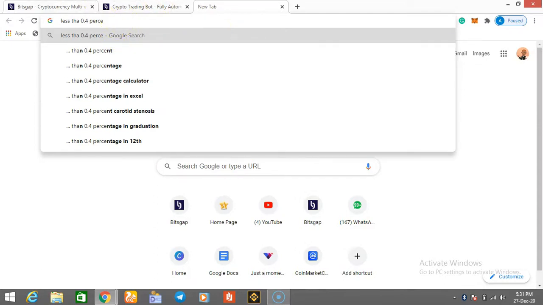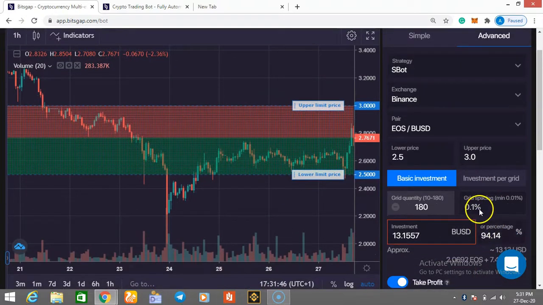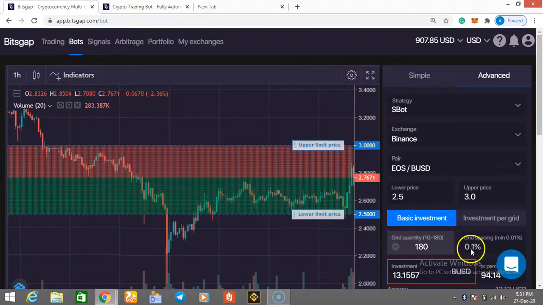Or at least make sure it is less than 0.4%. Now, as a trader, this 0.1 is high frequency. Anything that is more than 0.5, for me, is not high frequency trading. High frequency trading means that any slight price fluctuation, the bot is going to take advantage of it.